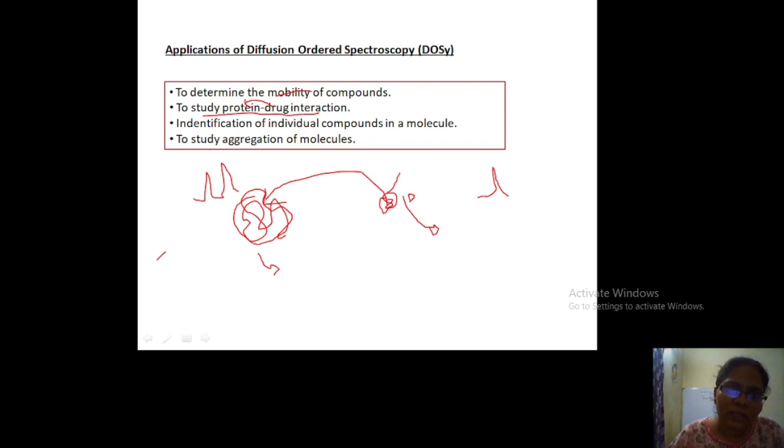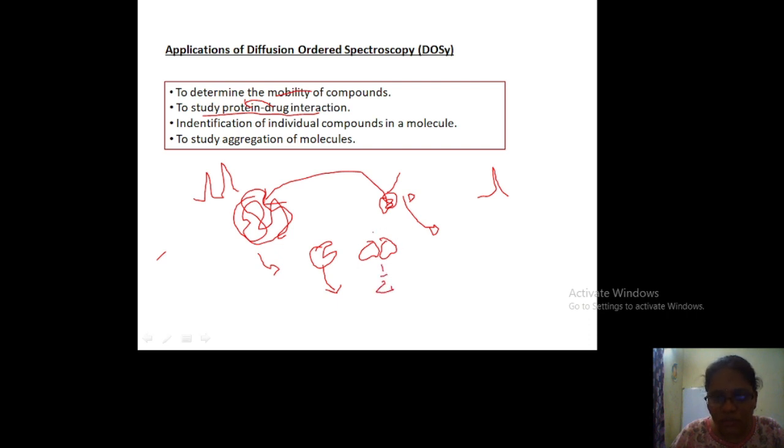The last application is to study the aggregation of molecules. Suppose you have a monomer, okay? The diffusion of this monomer is very fast. Now when two molecules of the same type combine and form a dimer, the rate of diffusion will be halved, okay?